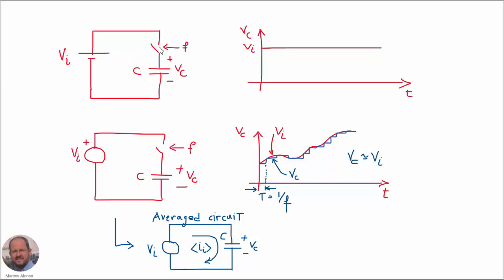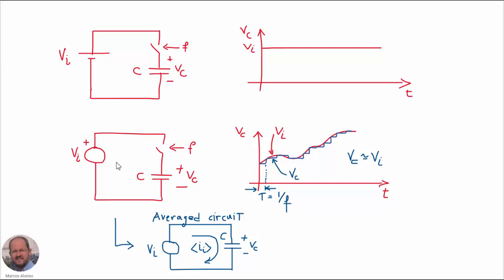The first time that we close the switch, the capacitor is going to be charged to VI. So if we keep opening and closing the switch, nothing is going to change. We are going to keep the same voltage. So this is the first clue that a capacitor with a switch in series is going to behave like the same capacitor.